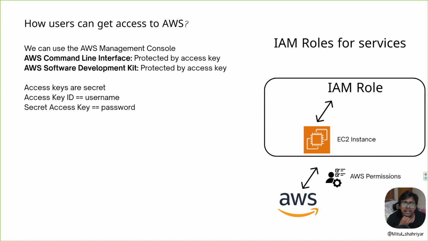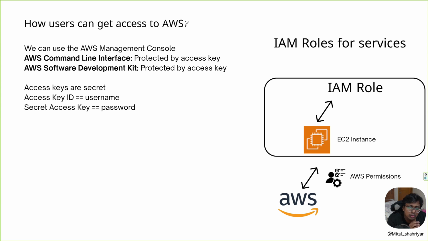Assume that you want an EC2 instance to work with certain AWS services from your account. Obviously AWS has lots of services, right? So this EC2 instance has to contact a service from AWS.